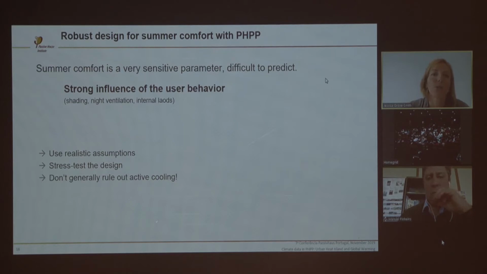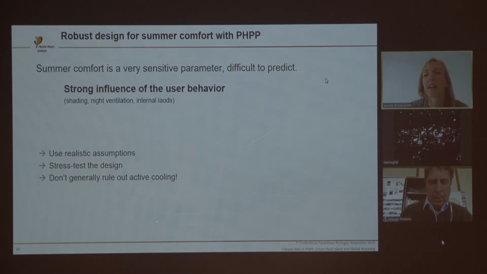Before I close, I want to reflect a little bit generally on the comfort, because it is a very sensitive parameter and it is very difficult to predict in general, not only with PHPP, but generally energy modeling. How do we assess summer comfort? Partly because it's a very subjective thing, partly also because there's a strong influence of the user behavior.